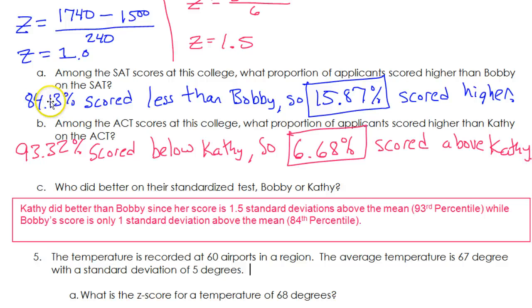So another way of saying that is that Bobby's score is at the 84th percentile. Same thing with Kathy. When we looked up her z-score of 1.5, we saw 93.32% of the people scored below Kathy. About 93% of the people scored below Kathy. Again, another way of saying that is that Kathy's score is at the 93rd percentile.